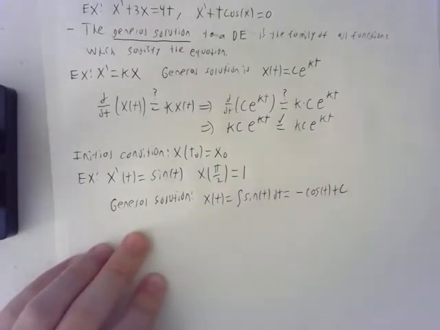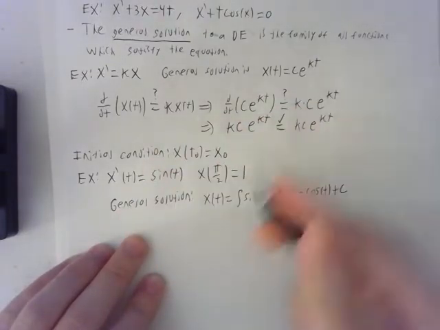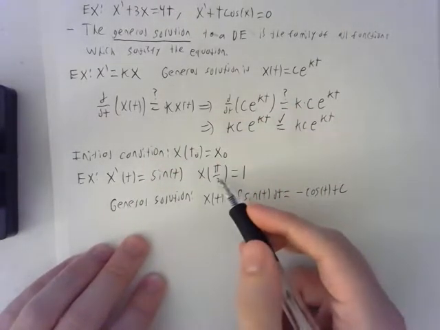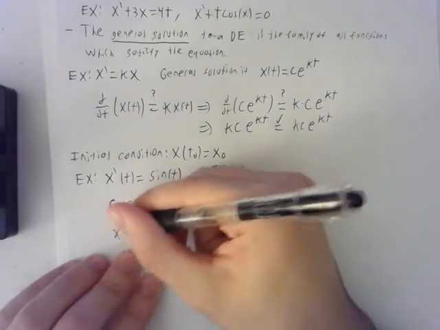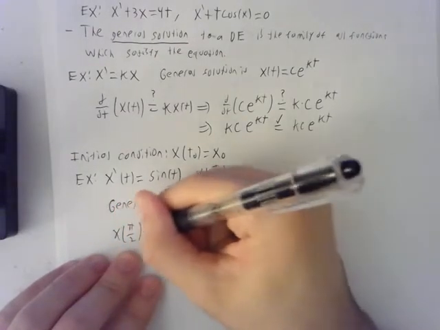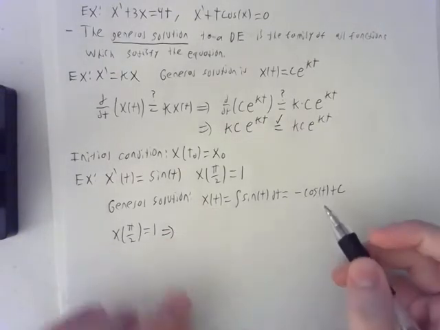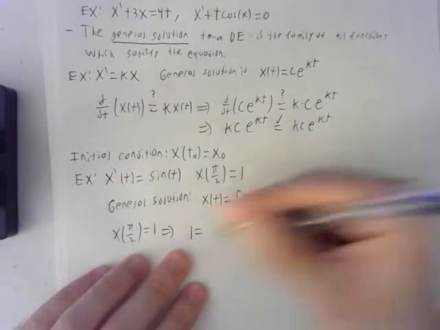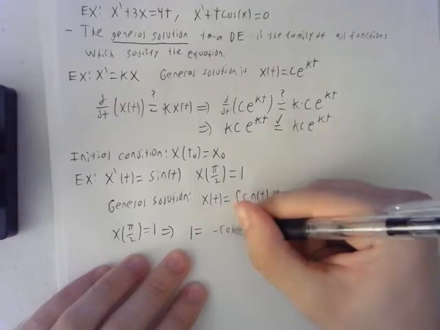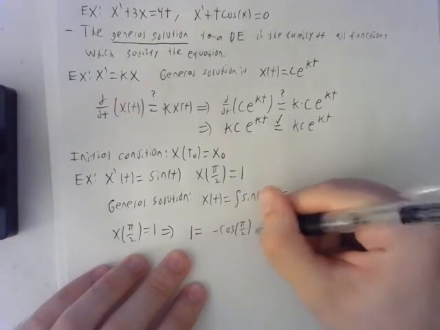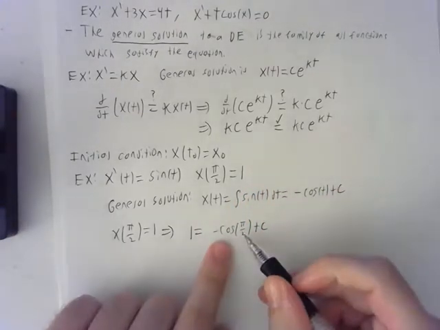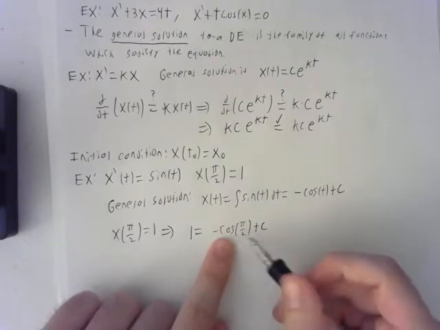To find the solution to the initial value problem, we use this extra condition that x of pi over 2 equals 1. So if we plug in pi over 2 to our solution, we get that 1 should be equal to negative cosine of pi over 2 plus c. Cosine of pi over 2 is equal to 0.